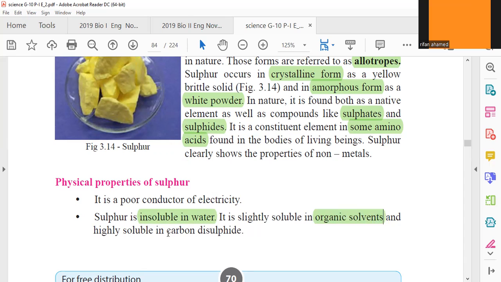In addition, it can dissolve in carbon disulfide liquid, which is an inorganic liquid. So sulfur is slightly soluble in organic solvents, and highly soluble in the inorganic solvent called carbon disulfide.